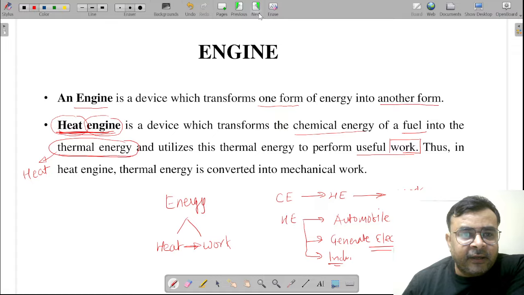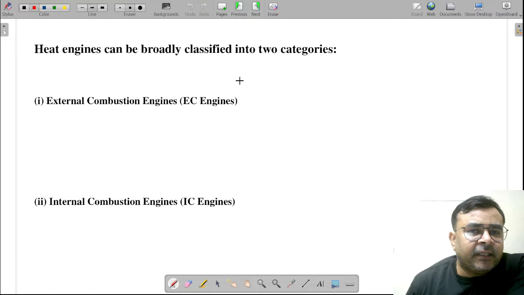Next, here we have two categories of heat engine. One is the external combustion engine, and the other is the internal combustion engine.